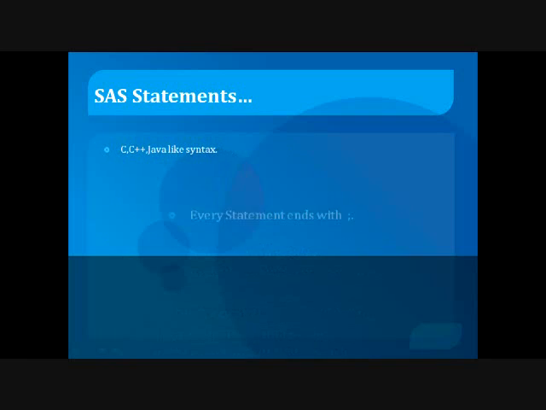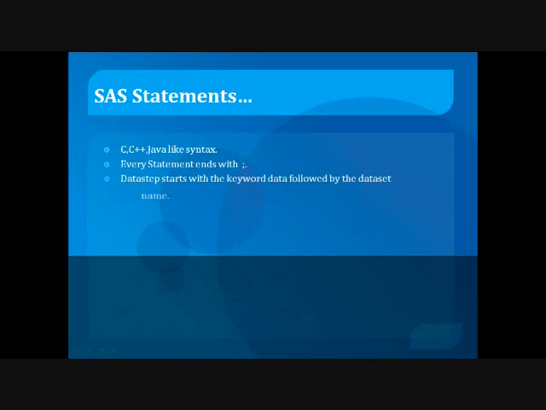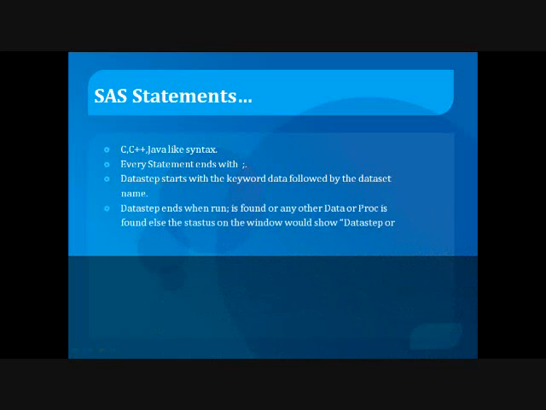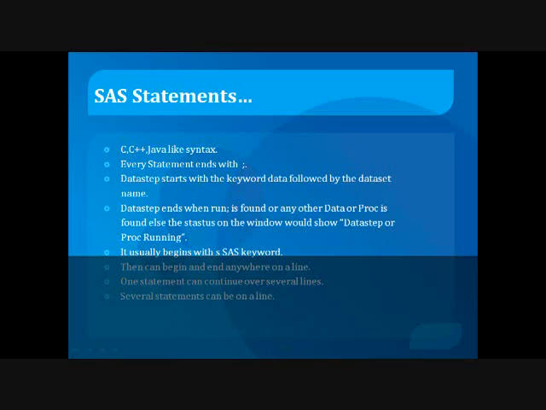SAS statements. C, C++, Java-like syntax. Every statement ends with a semicolon. A data step starts with the keyword data followed by the dataset name. A data step ends with run, or when any other data step or procedure is found, else the status on the window would show data step or procedure running.